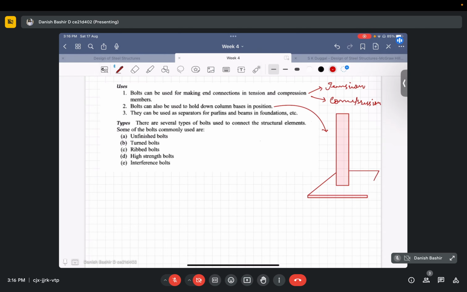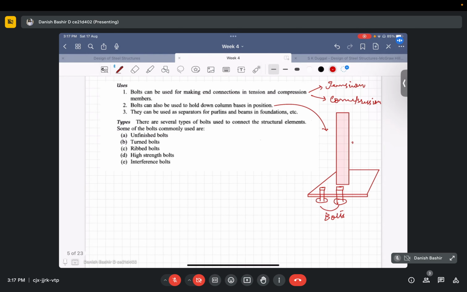Okay, it is being held by this plate. Then we can use bolts on this. Okay, this is the bolted connection. Like this is the nut on this side, this is the head from this side, this is the nut from this side. Okay, like this, these are the bolts on the column.